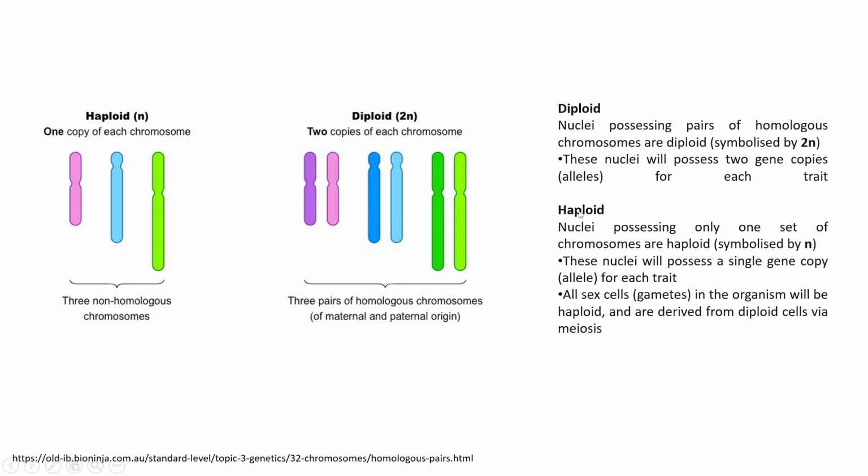In the haploid condition, nuclei possess only one set of chromosomes, and a single gene copy or allele for each trait. All the sex cells, the gametes in an organism, will be haploid, and they're derived from diploid cells initially via meiosis. So the gametes themselves don't divide. Once they're haploid, either egg cells or sperm cells, they don't actually divide. Once they're haploid, that's it.